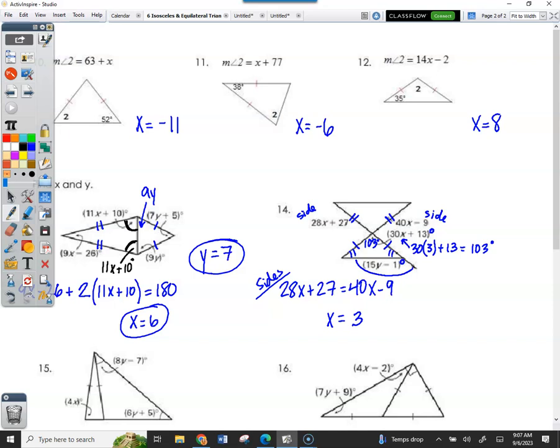Take 103 off 180. 77. So how much would each of these angles be? What's 77 cut in half? 38.5.